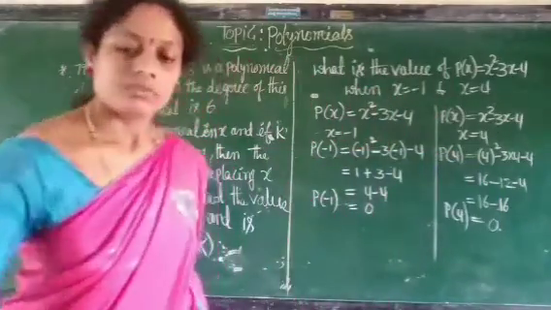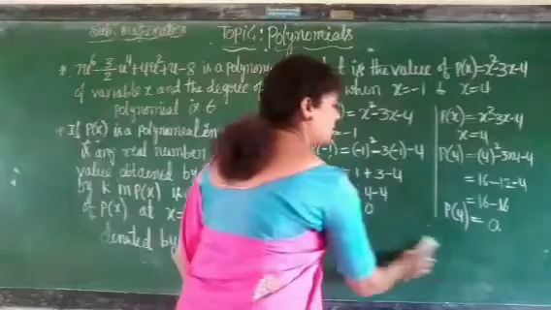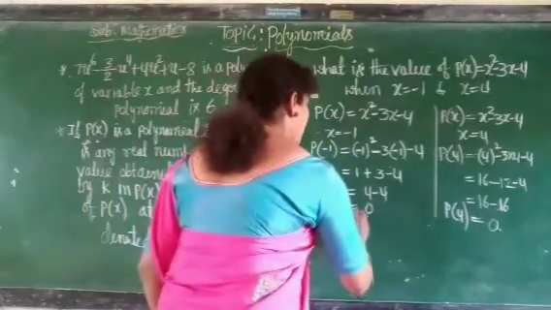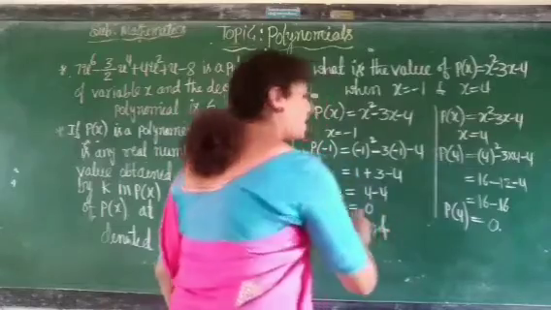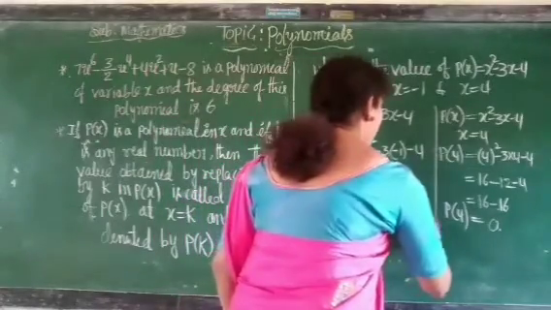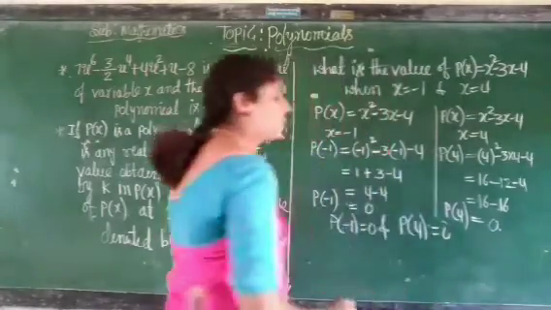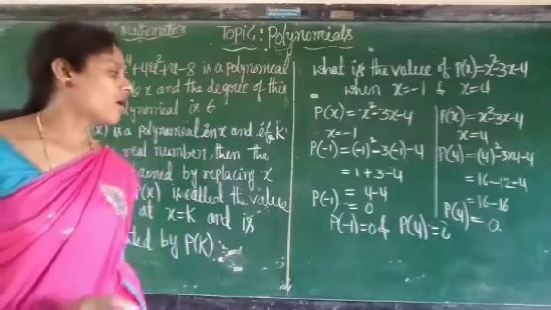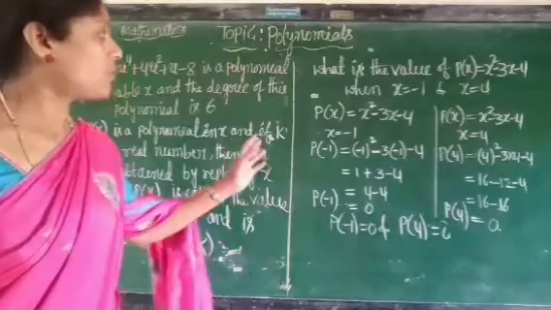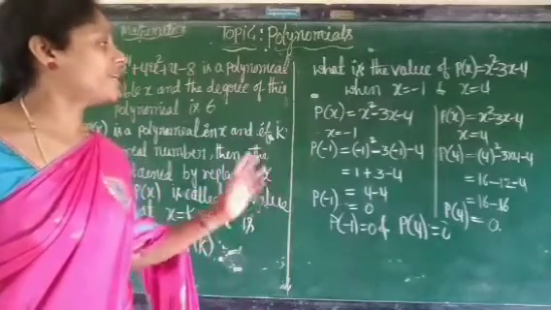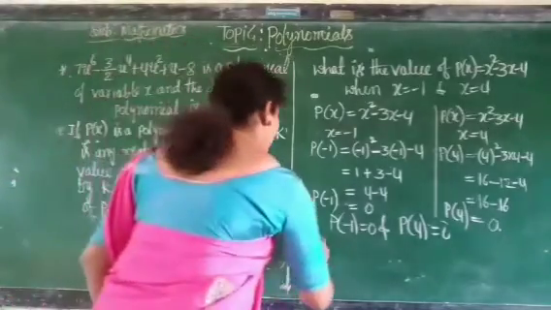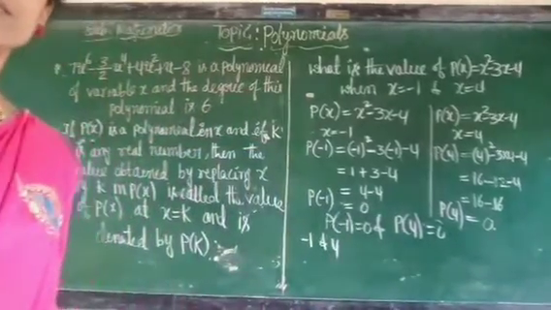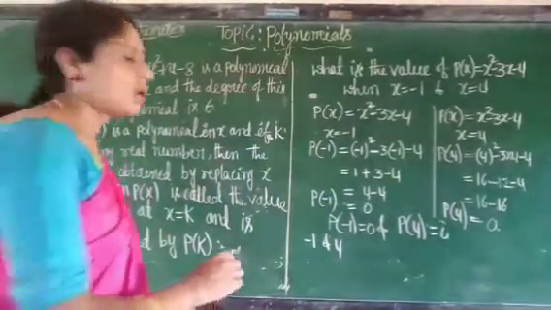Now we take p of minus 1 is equal to 0 and p of 4 is equal to 0. Minus 1 and 4 are the zeros of the quadratic equation.